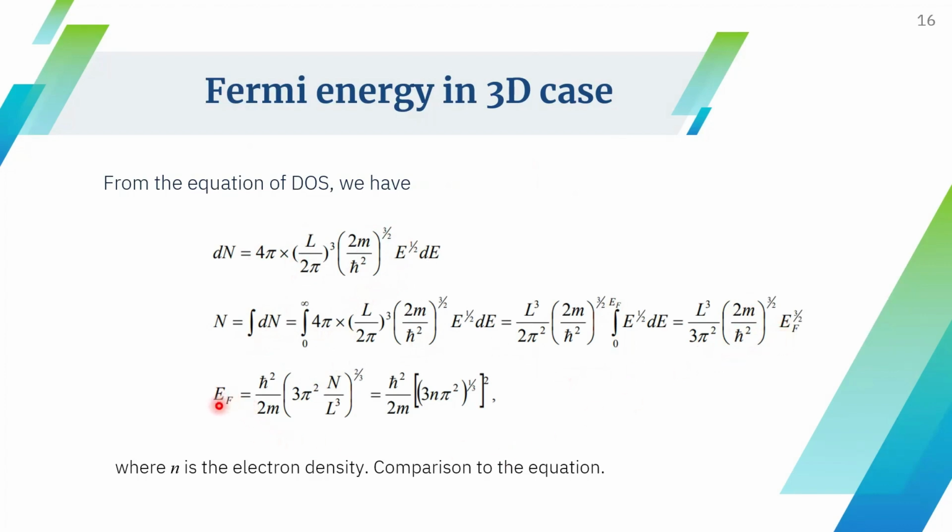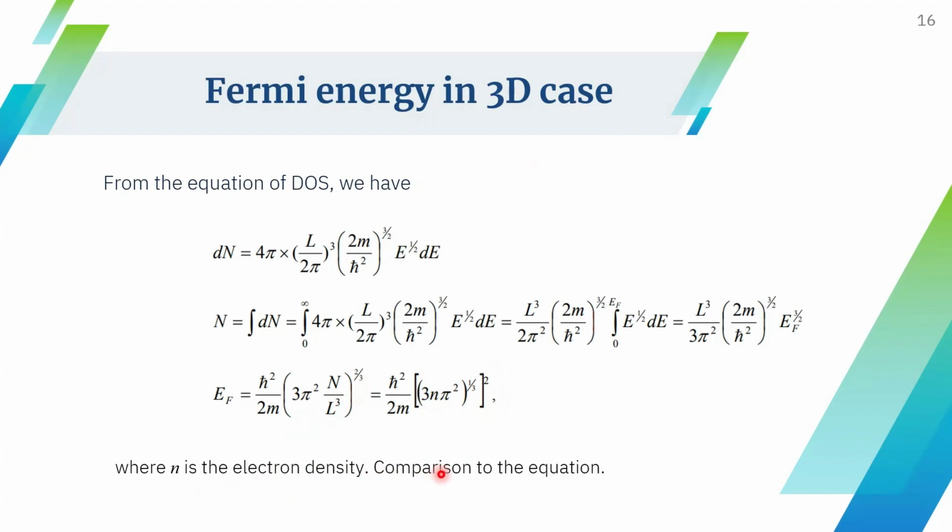After that integration, we will get the Fermi energy, which equals ħ²/2m (3π² n/L³)^(2/3), which equals ħ²/2m (3π² n)^(2/3). From the above equation, n is the electron density.